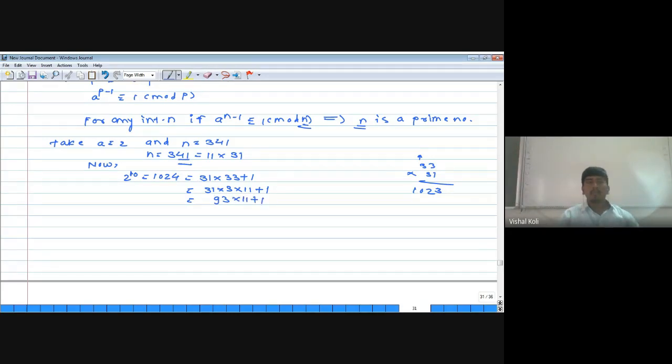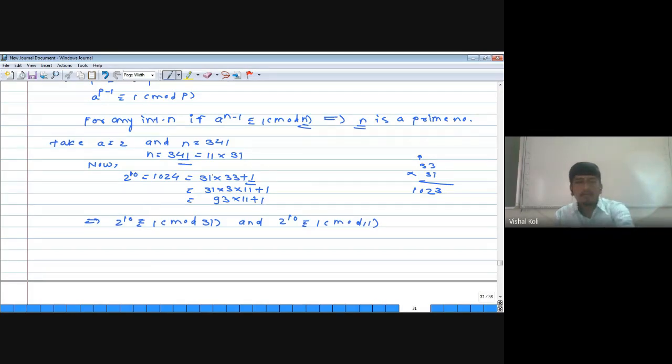So if we divide 2 to the power 10 by 31, what should be the remainder? 1 is the remainder, since 2 to the power 10, that is 1024, when divided by 31, leaves remainder 1. This implies that 2 to the power 10 is congruent to 1 modulo 31, and also 2 to the power 10 is congruent to 1 modulo 11, since it is a multiple of 11 plus remainder 1.